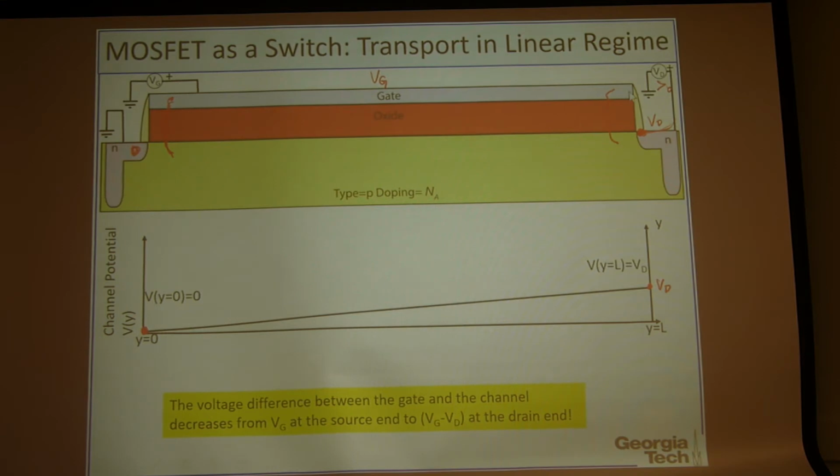But to the right boundary, this point, the voltage across this MOS is not Vg. Why is that? Because you have Vd here, the voltage potential is increased by Vd.